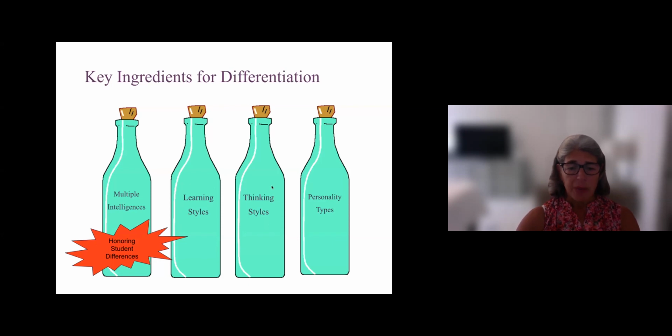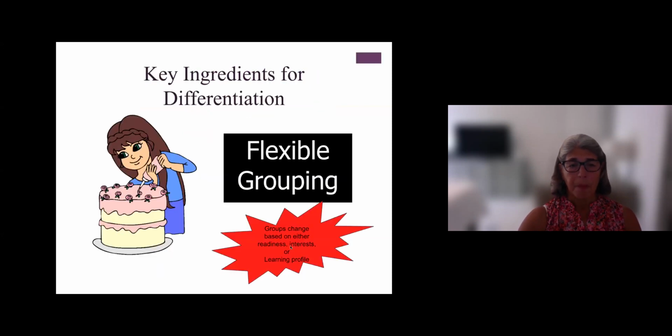The same thing, you could do that with thinking styles, literal, interpretive, and creative, learning styles, you could do it with personality types, but just the idea that you recognize that your students are different and they learn differently, and that sometimes you're going to give them an opportunity to learn using their strengths.